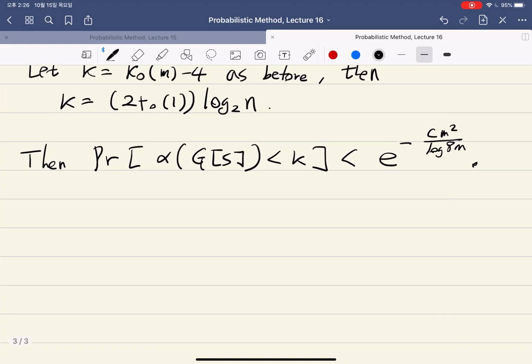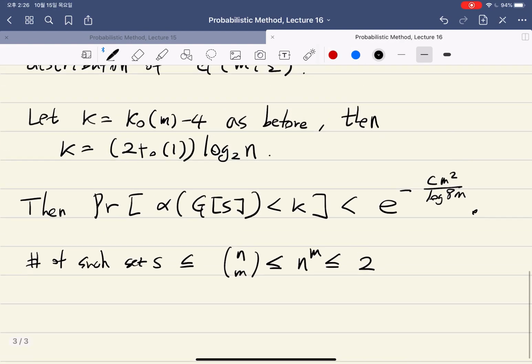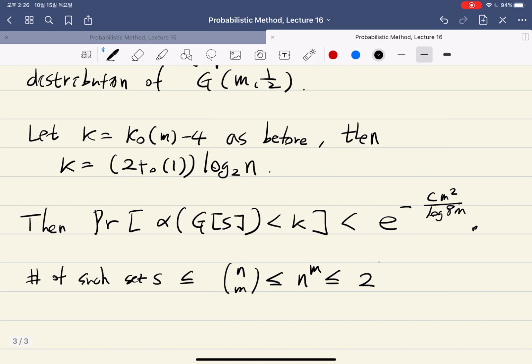And this is for a specific S. But the number of such sets S is at most n choose m, which is smaller than n to the m, which is smaller than 2 to the m log n, which is smaller than 2 to the n over log n.